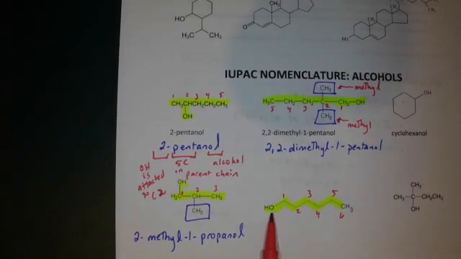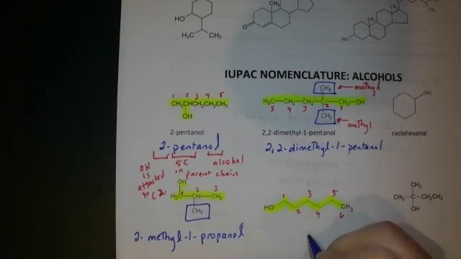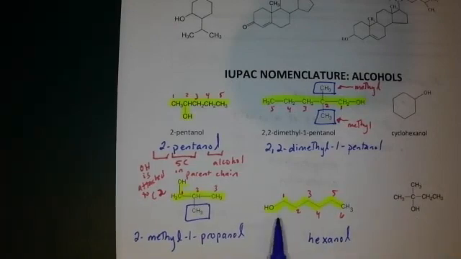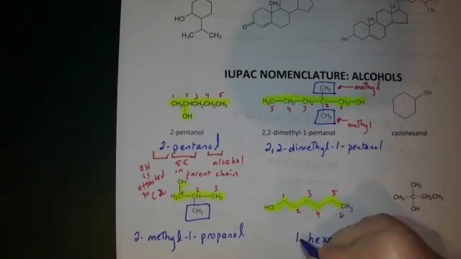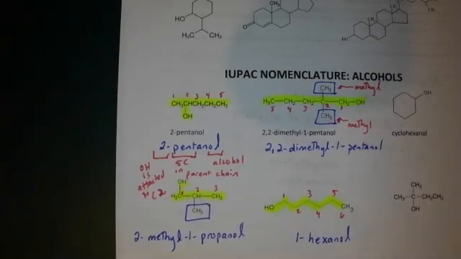Remember, it's an oxygen, so this is a carbon, carbon, carbon, carbon, carbon, and carbon. There's nothing attached, so I would say this will be a hexanol. Hex because there are 6 carbons in the longest continuous chain. All because it's an alcohol, and the OH group is attached at carbon 1, so this is 1-hexanol.